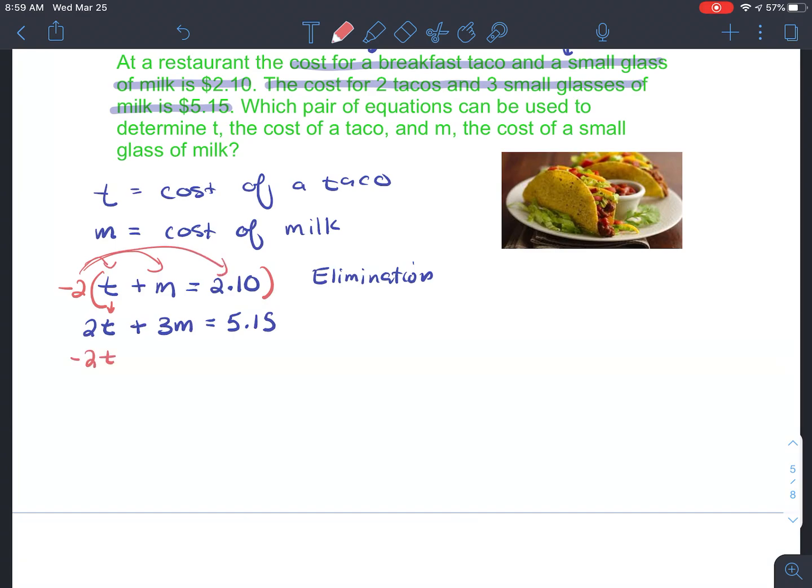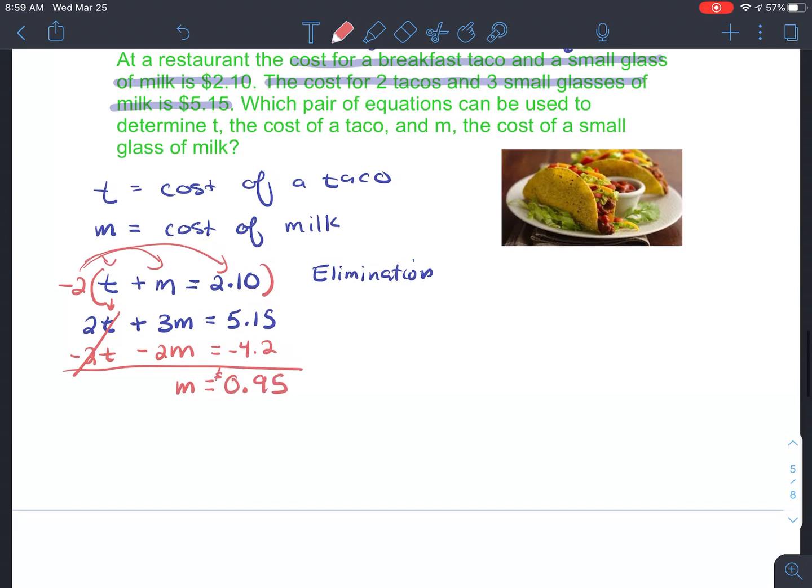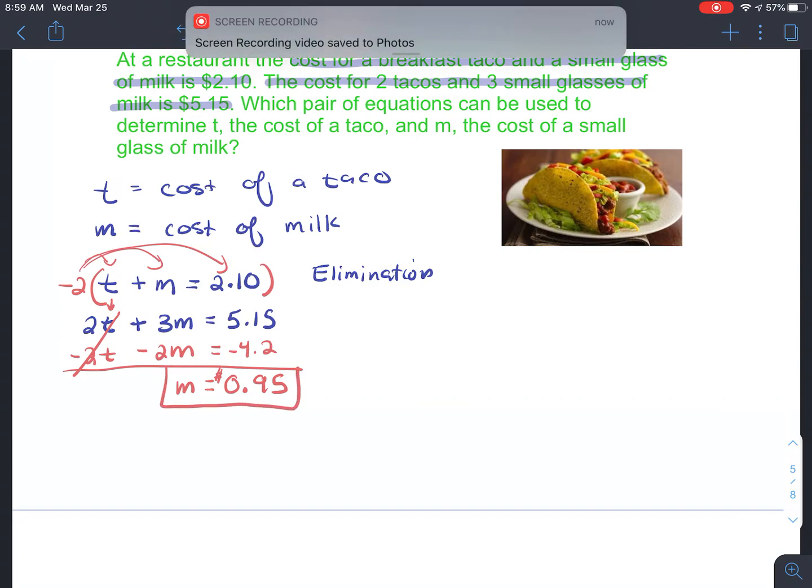So when I distribute the -2 to every value, I get -2t minus 2m is equal to -4.2.